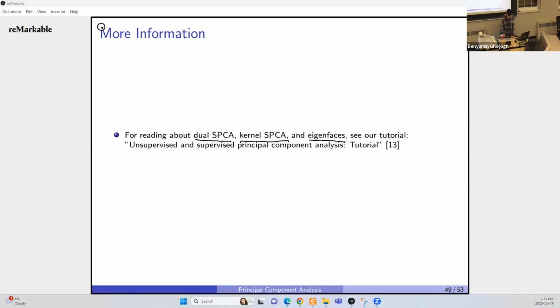But if I wanted to add all of these in the slides here, it would be 100 slides and it would overwhelm you. So I refer you to our tutorial paper, which has all of these things: Unsupervised and Supervised Principal Component Analysis: Tutorial. That also has appeared as a chapter in our book, Elements of Dimensionality Reduction and Manifold Learning, chapter Principal Component Analysis. Okay?